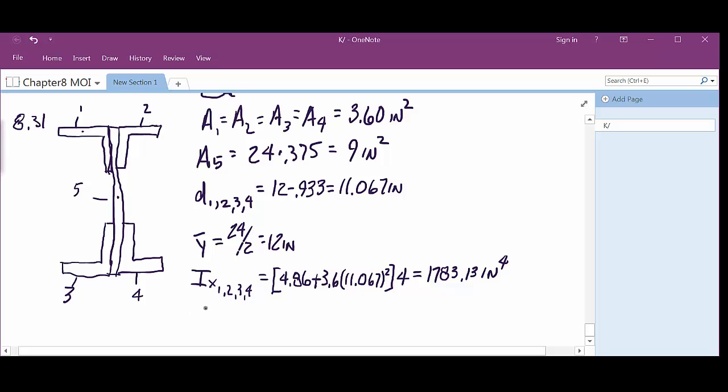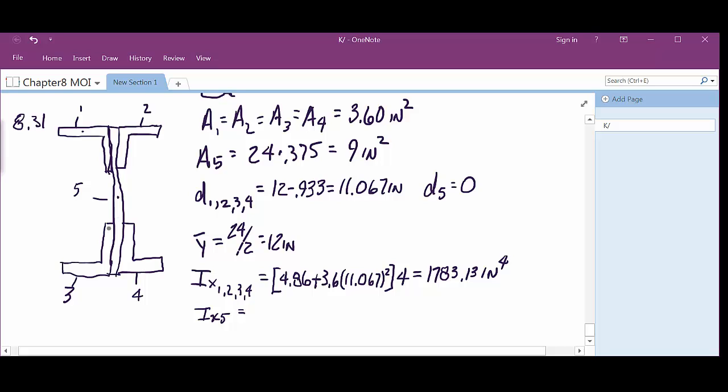Then I have to find the moment of inertia of the plate. You ever get a D for 5? It's 0. D5 equals 0 because again the Y bar for the whole thing is 12, and what would Y bar for this individual piece be? 12.